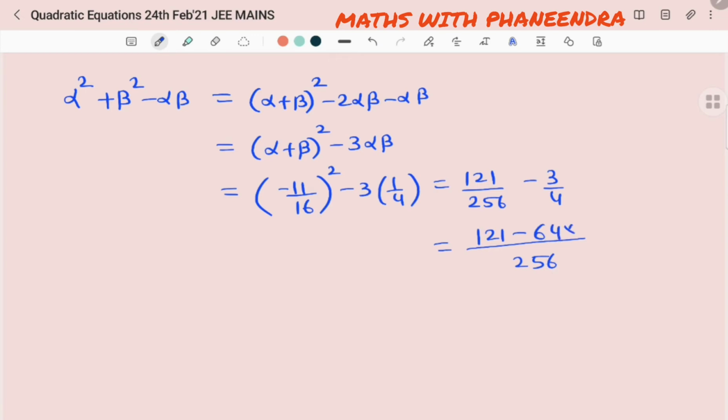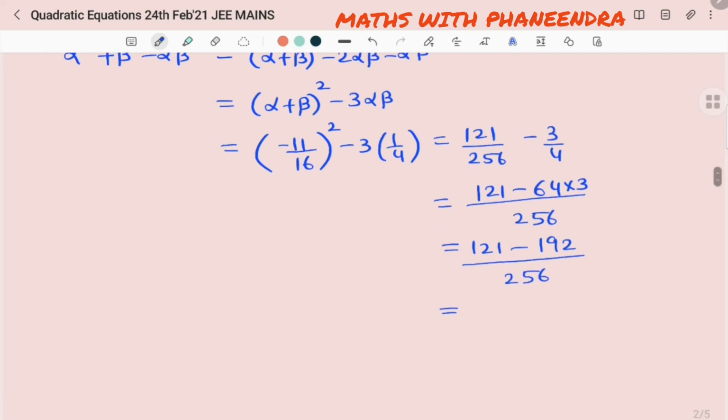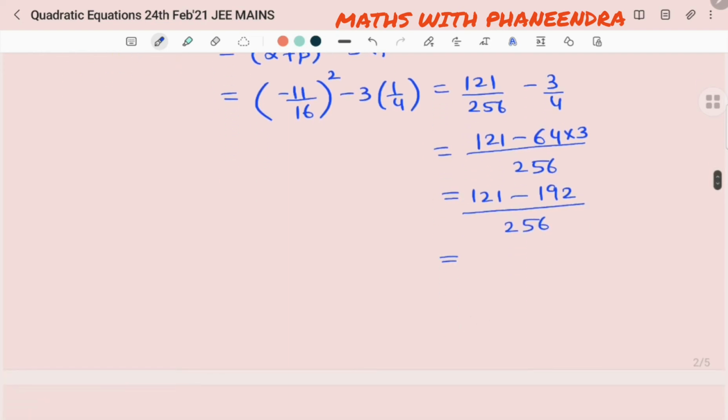So 64 into 3, which is equal to 121 minus 192 divided by 256, which is equal to 121 minus 192, that will be minus 71.